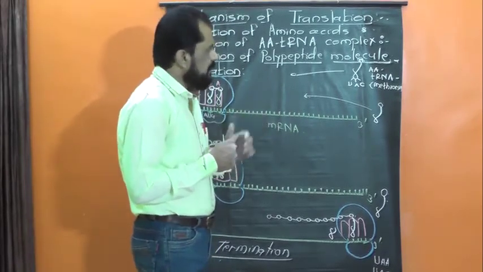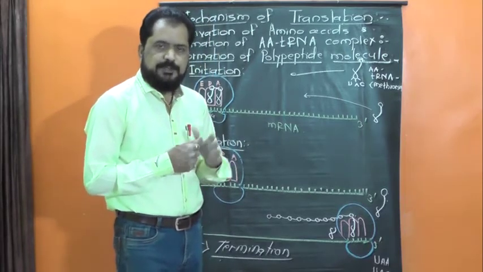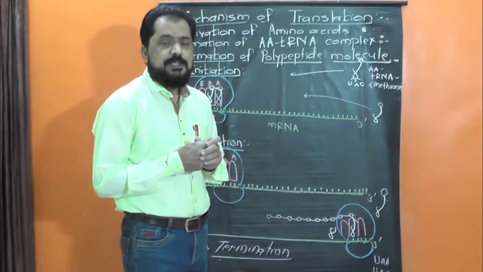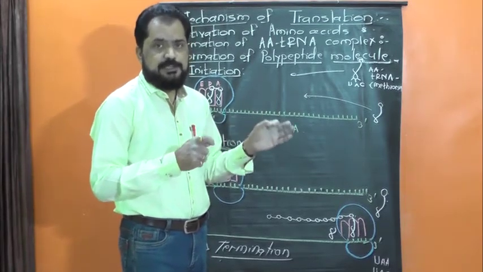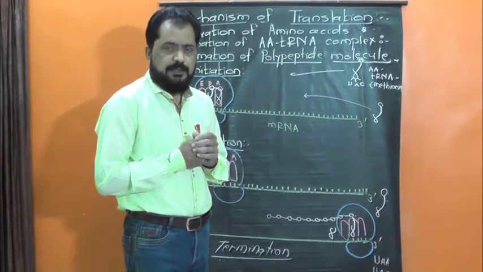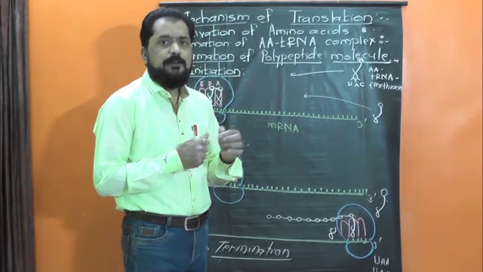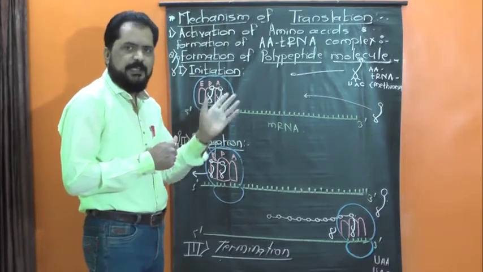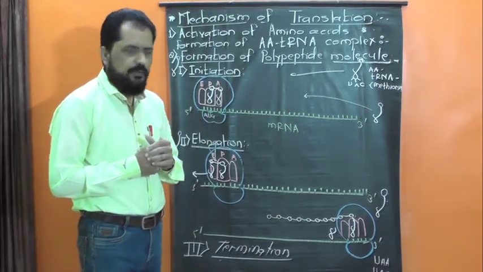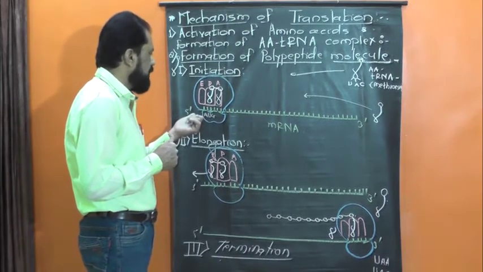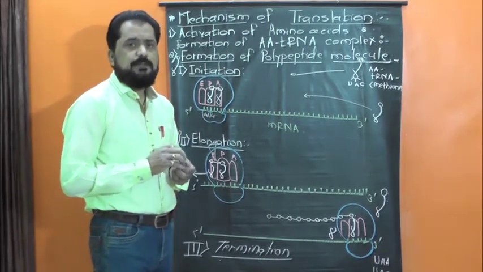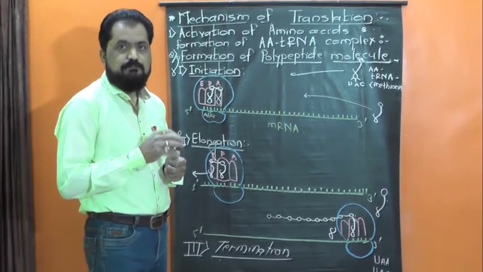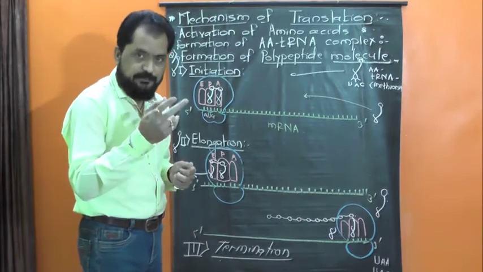Now, during the process of translation, there are certain parts of messenger RNA which have not undergone the translation, such as a short part of mRNA before initiation codon, that is at the 5' end. You know, at the 5' end of messenger RNA there is a presence of some nucleotide sequence, methyl guanosine triphosphate.